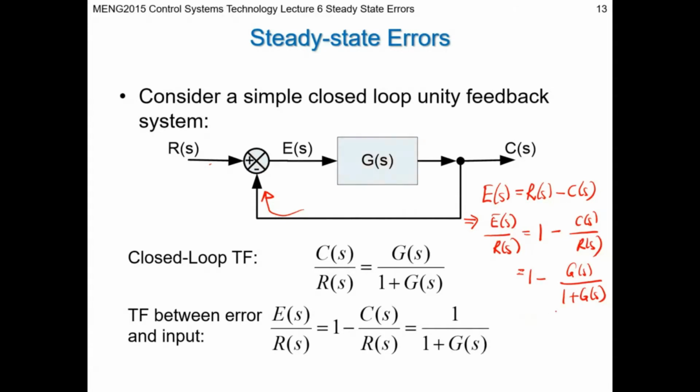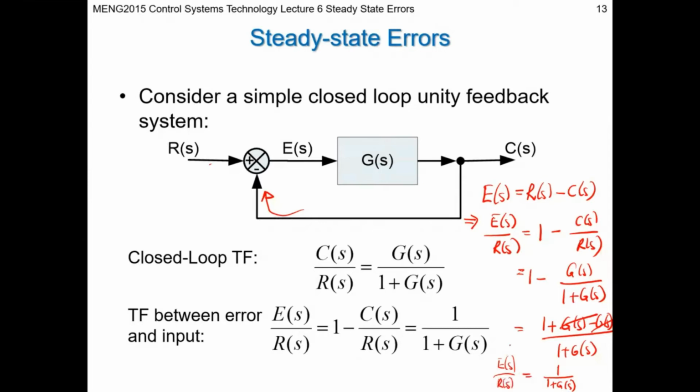And then what we're going to do is multiply both top and bottom right through, basically. 1 plus G(s) minus G(s) over 1 plus G(s) equals, these cancel, 1 over 1 plus G(s). So that is our error over our input.